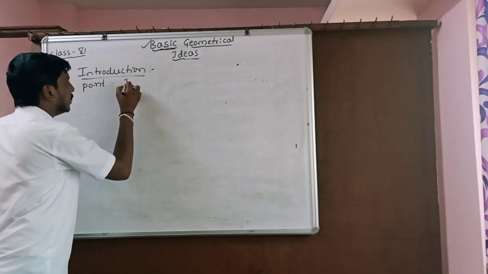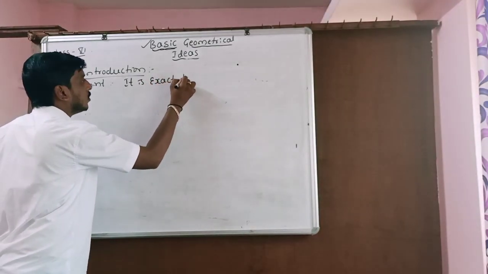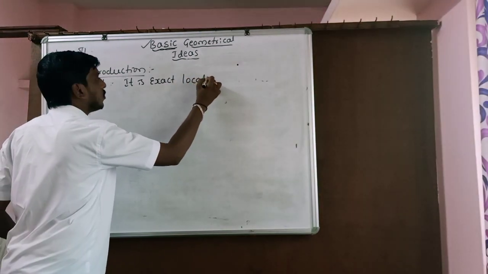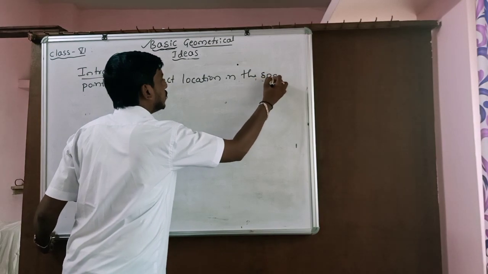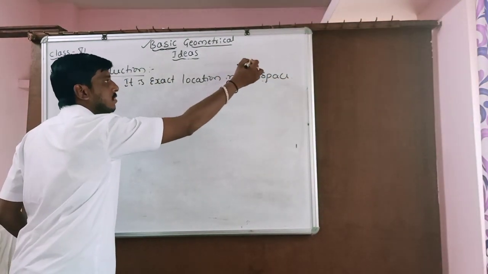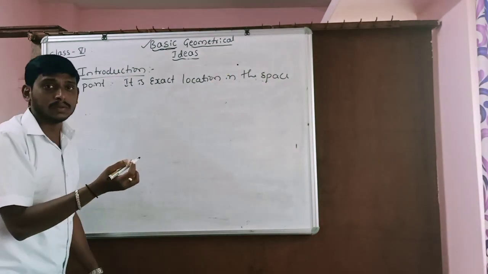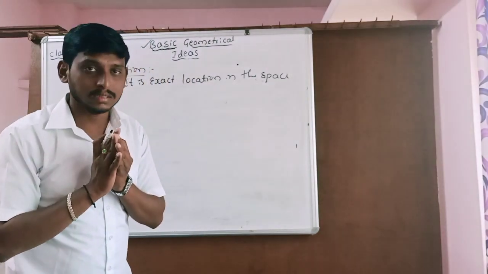Point means it is an exact location in the space. So this point has no length, breadth and height. Just now I told you length, breadth, height are called dimensions.